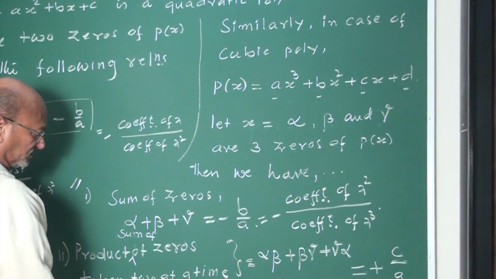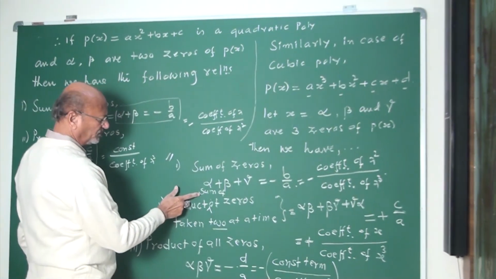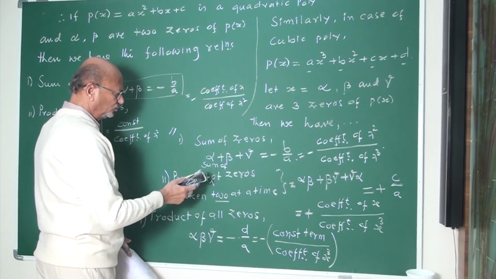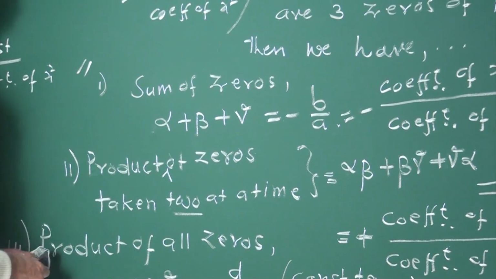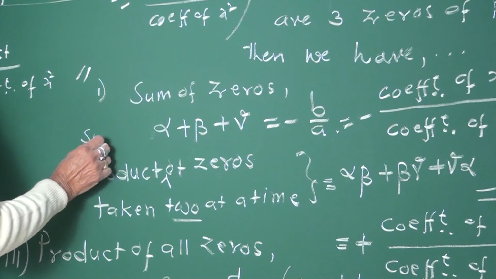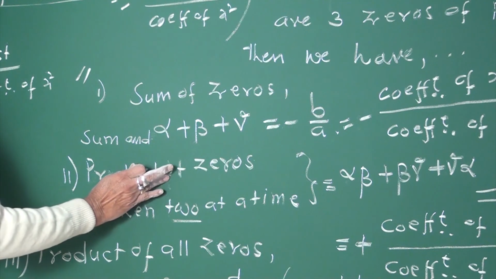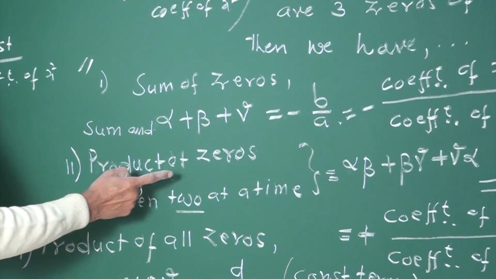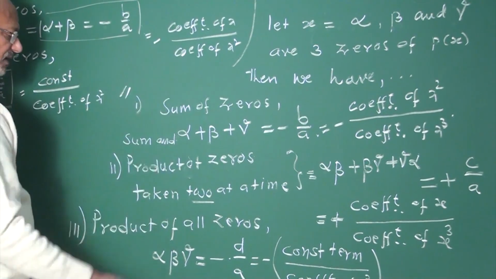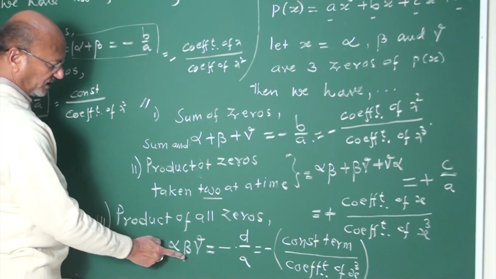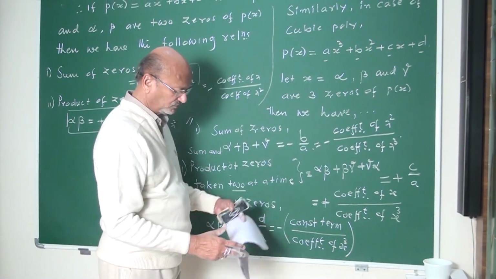The sum of zeros taken two at a time, alpha beta, beta gamma, gamma alpha, is c by a. The product alpha beta gamma, all three, is minus d by a, the constant divided by the coefficient of x cube.